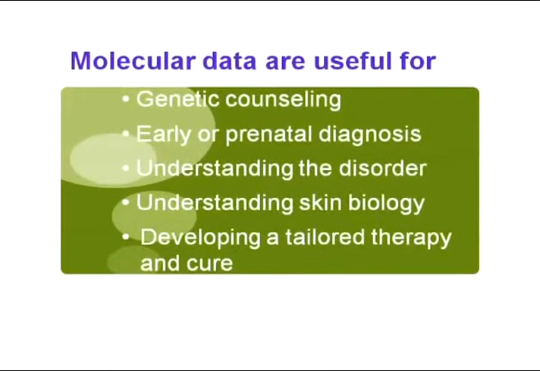And these are some of the reasons why I think it's important, and I'm very glad that every one of you knows what your gene and mutation is, because it helps us to identify in the family who is at risk and how it is inherited, and to provide counseling, to have an early diagnosis, to understand the disorder better by understanding the correlations between having a mutation and what the symptoms are for that particular mutation or gene, by understanding better the biology, what I talked about, what keratins do and why we need them, and also to develop tailored therapies and eventually the cure, we need to understand and have this knowledge.